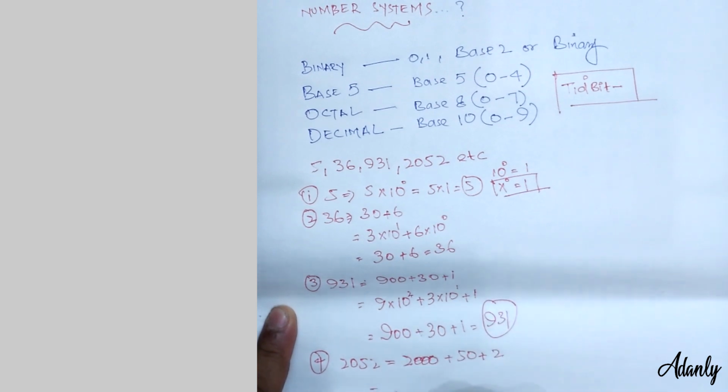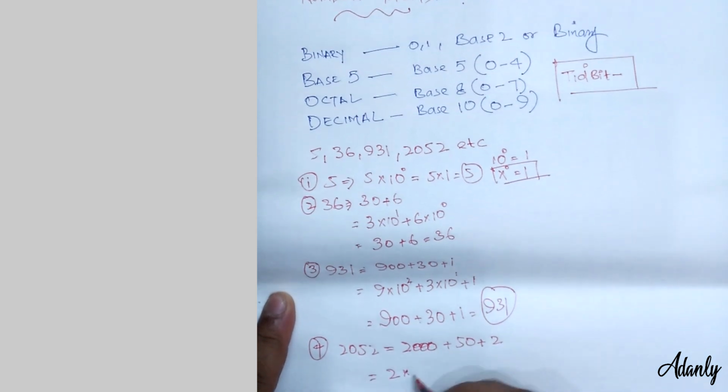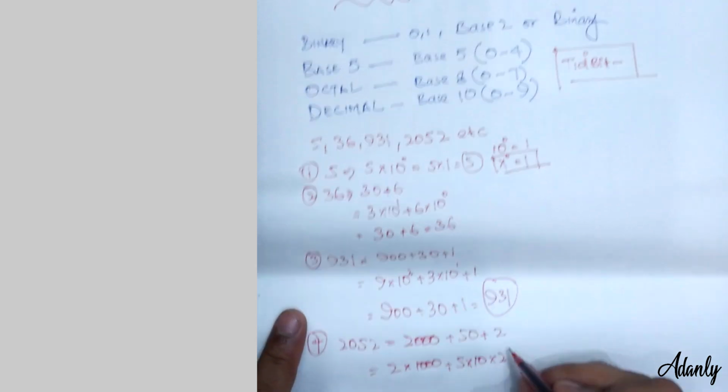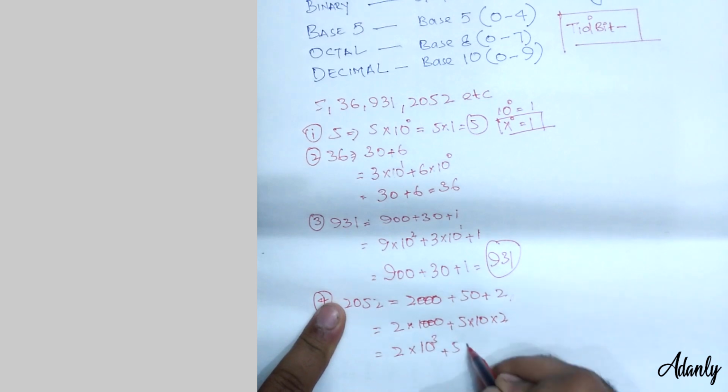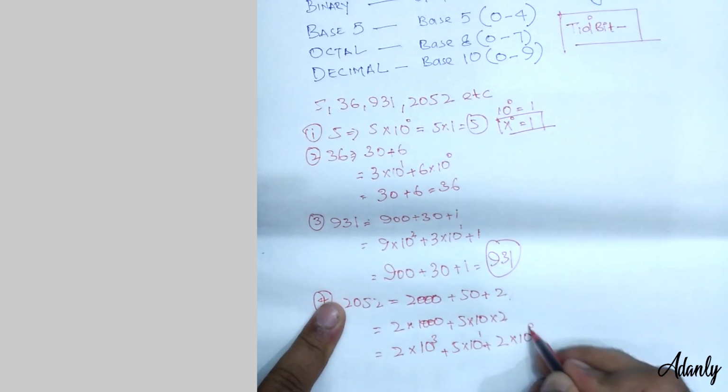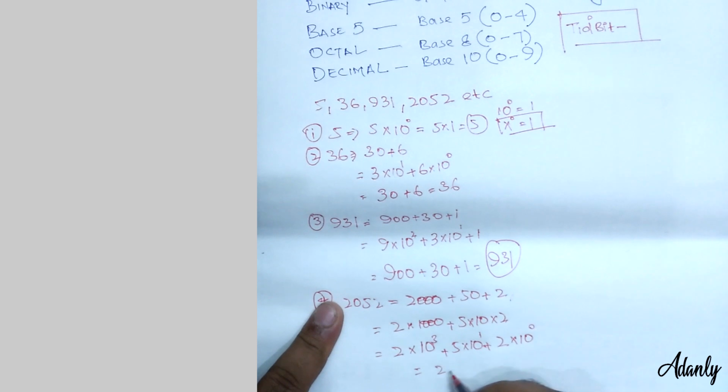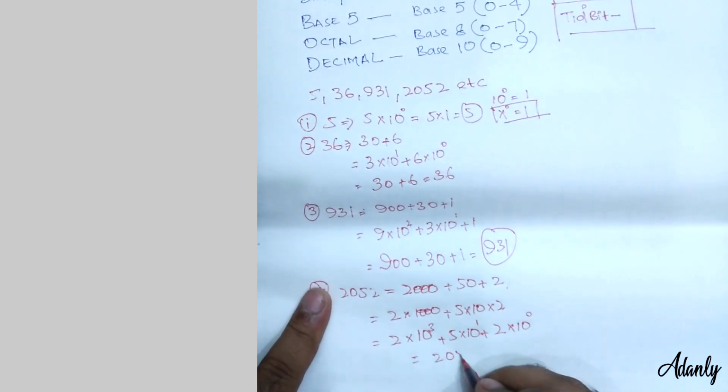Let's split it further, which will become 2 multiplied by 1000 plus 5 into 10 multiplied by 2, which will become 2 into, we can write 1000 as 10 raised to the power 3, plus 5 multiplied by 10 raised to the power 1 plus 2 multiplied by 10 raised to the power 0, which will again become 2052.